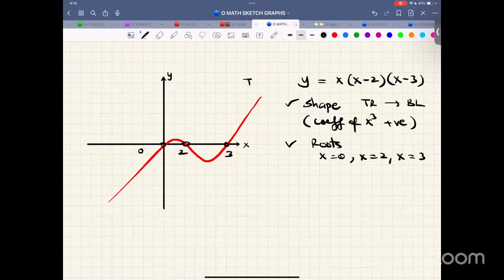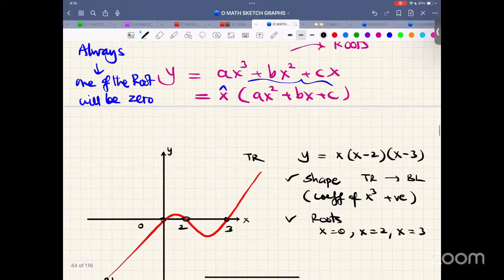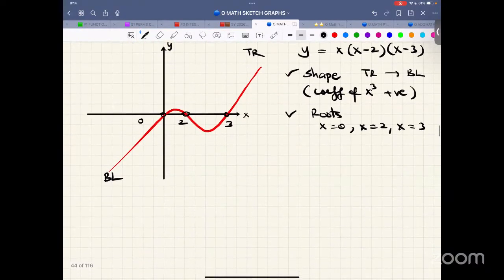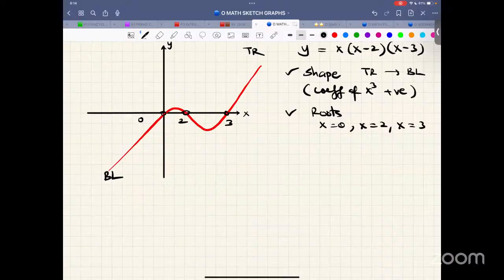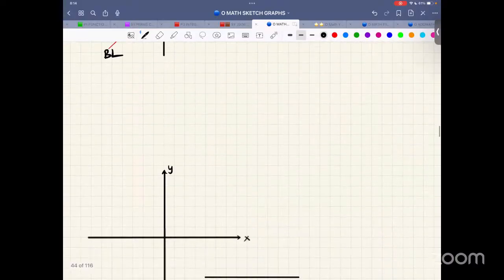It's not drawn to scale. This is top right. This is bottom left. So the cubic looks amazing. I hope everyone agrees with this as long as they understood it. So that is y equals something of this form. Got the idea? So now let me draw another one.